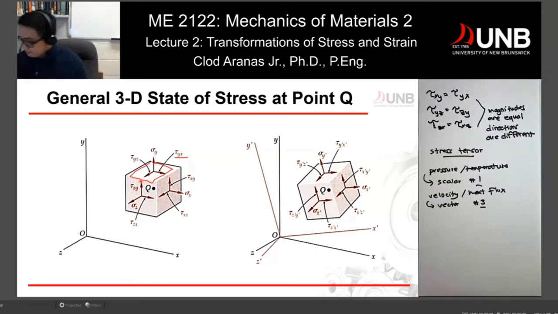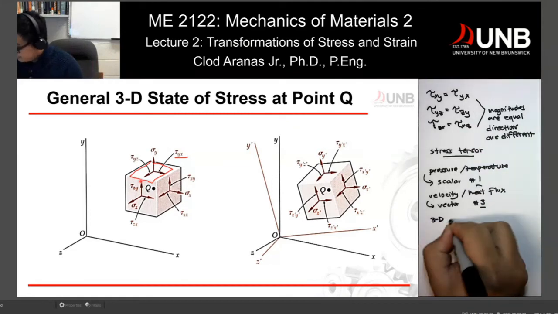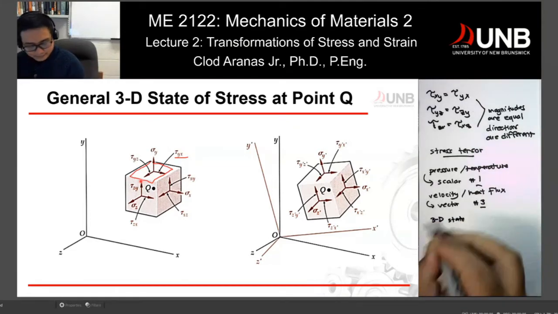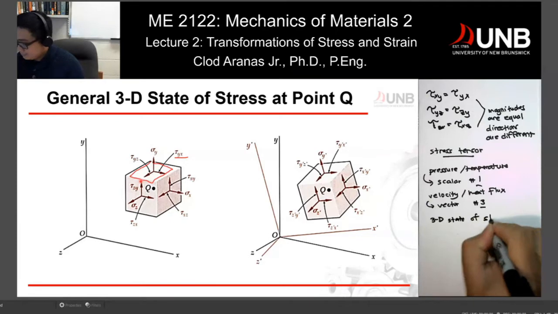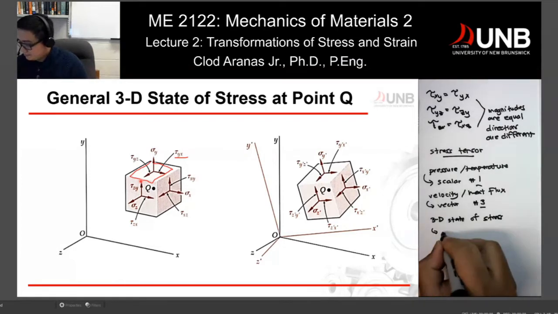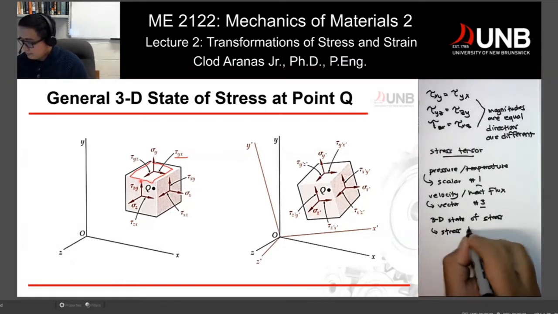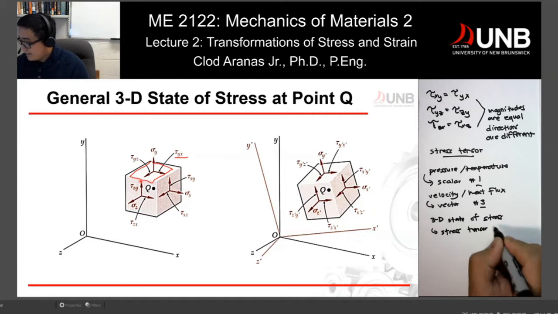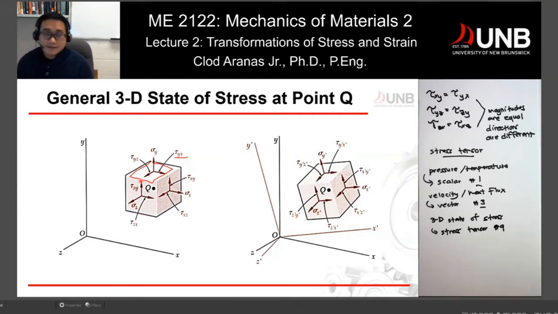Now, a 3D state of stress is defined by what we call a stress tensor. In this case, we have 9 different magnitudes. So how can we put those normal stresses and shear stresses into a stress tensor?